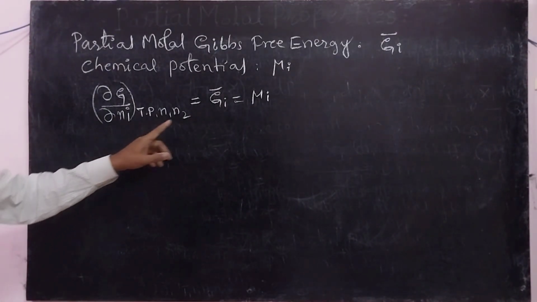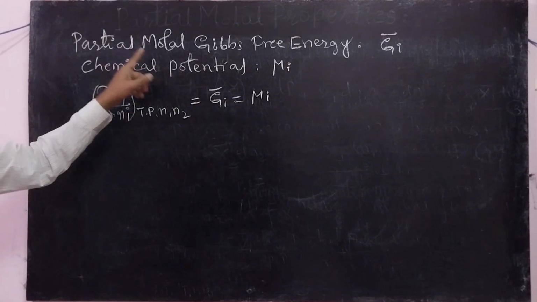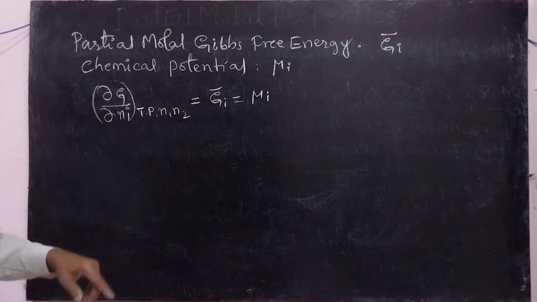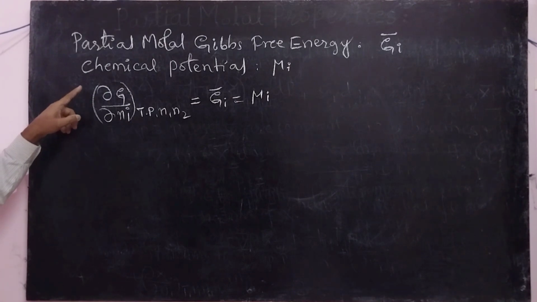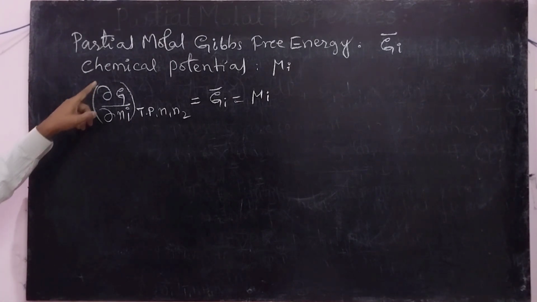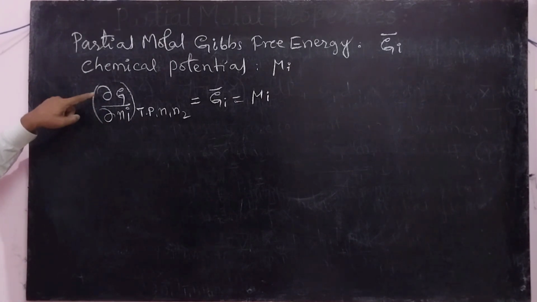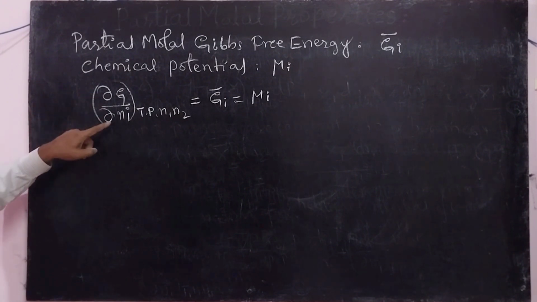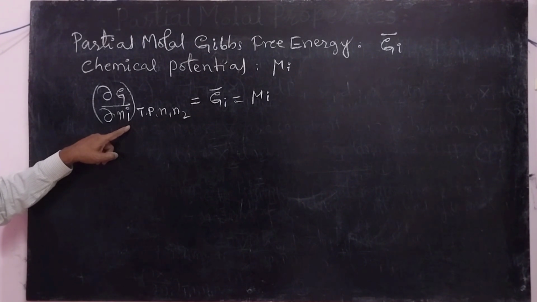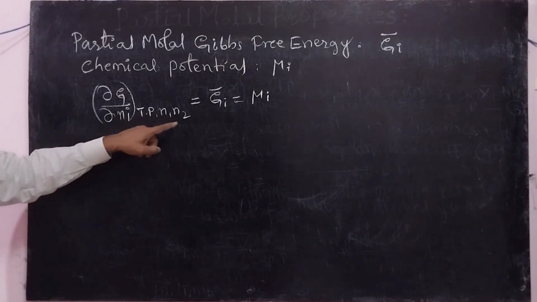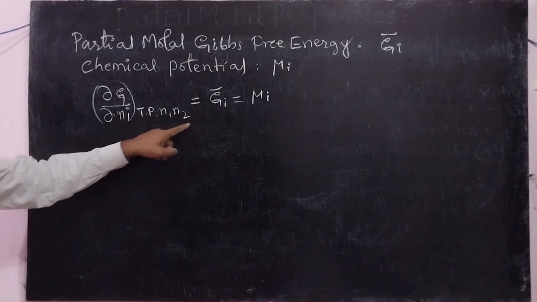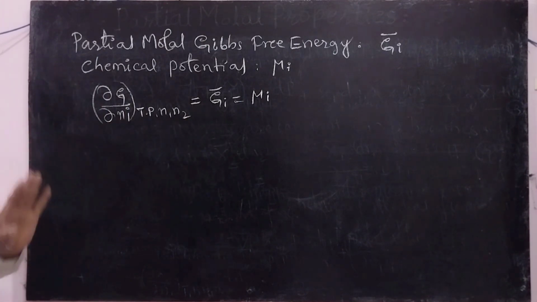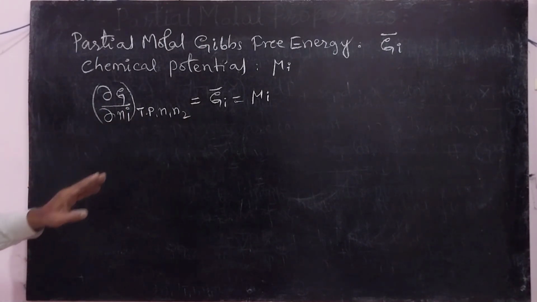Then we define the chemical potential, or the partial molar Gibbs free energy. The partial molar Gibbs free energy change, that is the chemical potential, is defined as the change in free energy when 1 mole of the ith component is added to such a large system that there is no change in the concentrations of the other components. Another way of defining it is to take dou n1 as an infinitesimally small dn1.